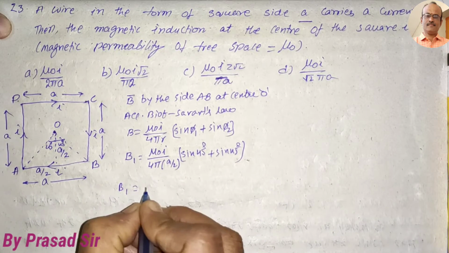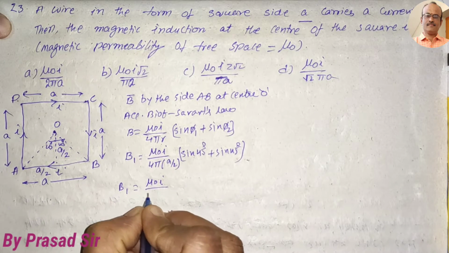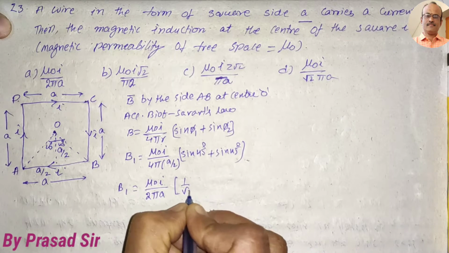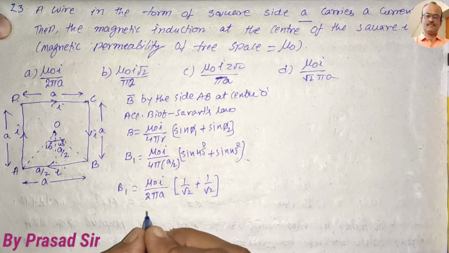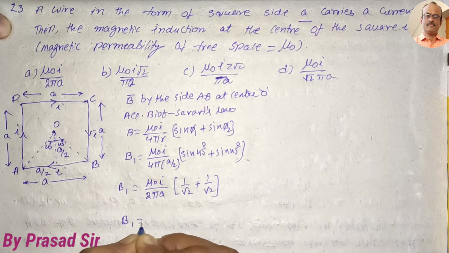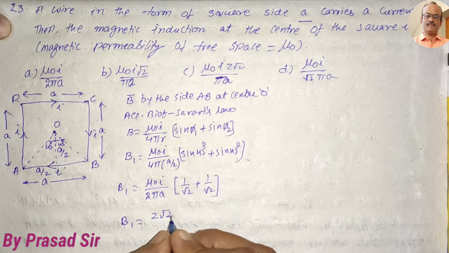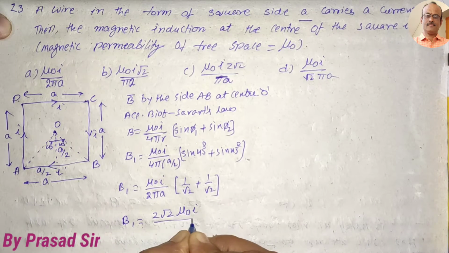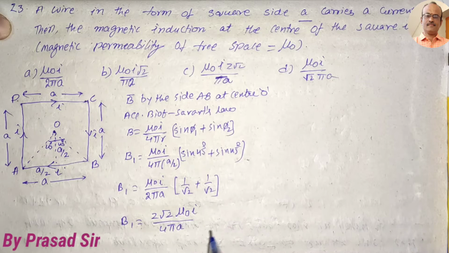Here B1 is equal to mu naught I divided by 2 pi A times (1 by root 2 plus 1 by root 2). On solving this, we get B1 equal to 2 root 2 mu naught I divided by 4 pi A. So by solving this we will get this answer.